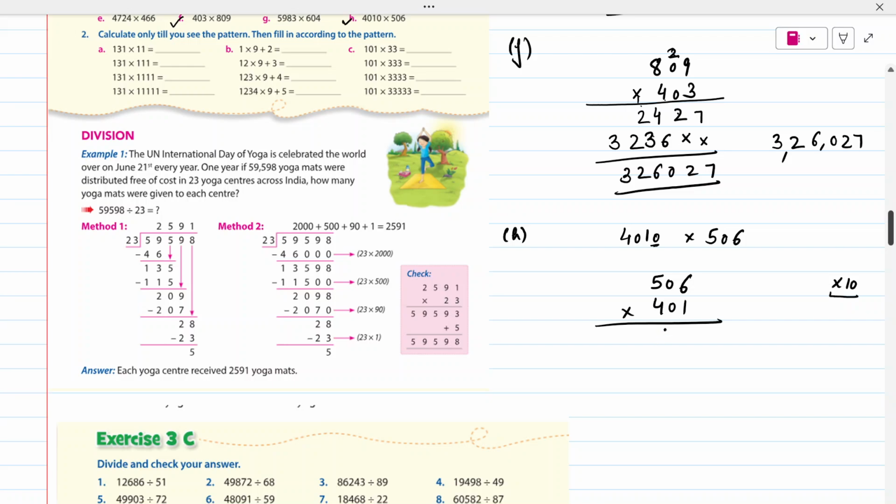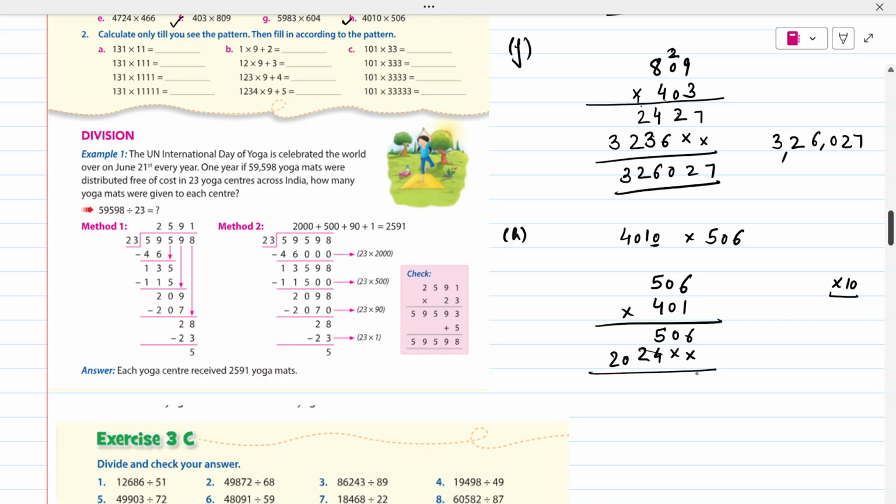So multiplying, I will get 506 with 1. With 0, I am not multiplying. I will start with 4, but then 2 places shift. So what we have here is, in this case, 4 into 6 is 24. 4 into 5 is 20.